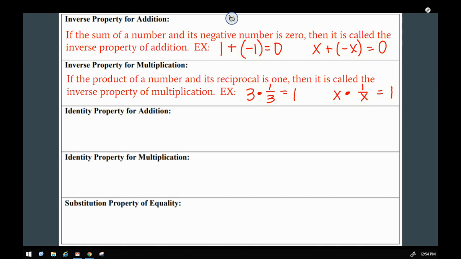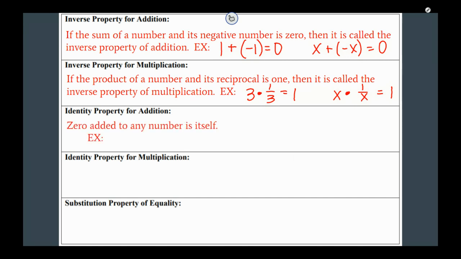Identity property, here's the geometry flashback, for addition, is 0 added to any number is itself.